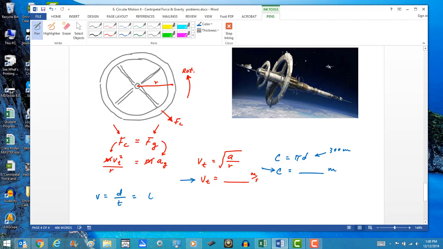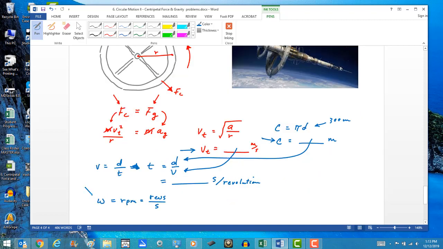Rearranging that algebraically, time would be distance over velocity. We just solved the distance that they would travel, and we just solved the velocity. So you get the time in one revolution, and that is between 20 and 30 seconds for one complete revolution.